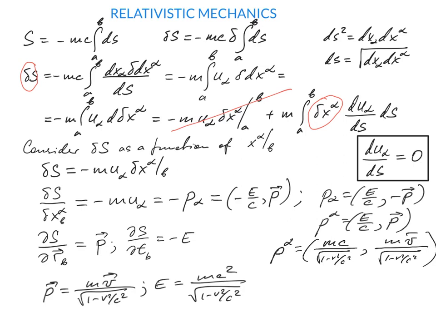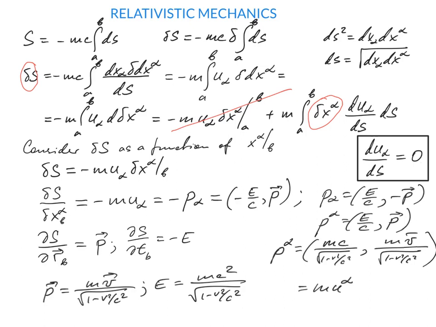But this is indeed exactly m u^α. Recall the definition of u^α. Time-like component c over the square root, space-like component v over the square root. So multiply by m, like here, and we get the 4-momentum. So this momentum 4-vector is exactly what we should have expected to find.